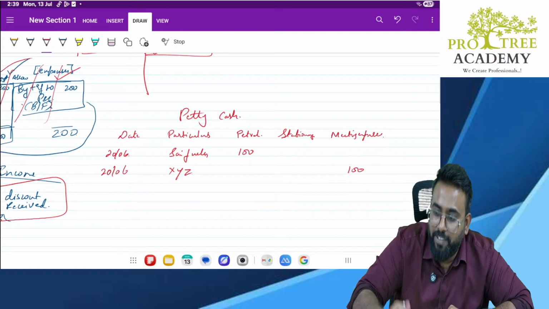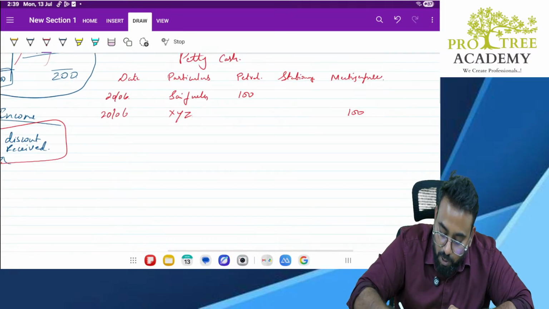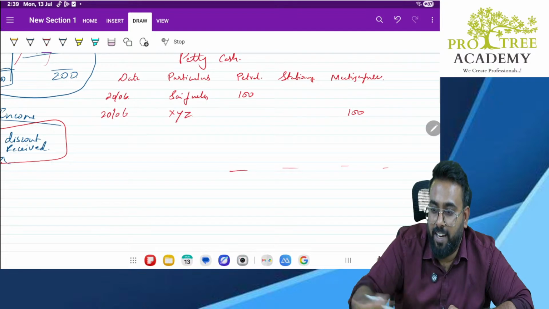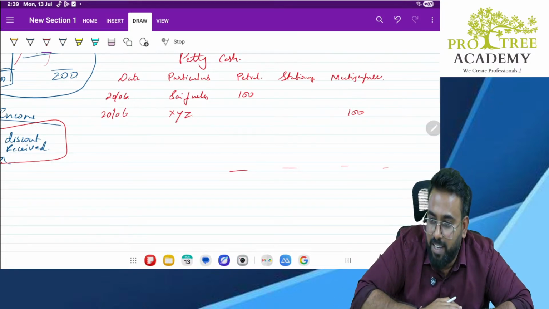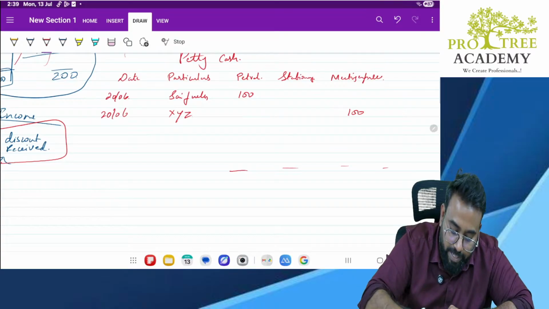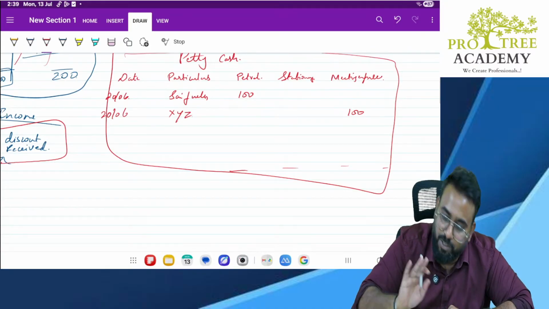Once 5,000 is met, he will immediately run to the cashier saying, boss, total 5,000 done. Now give me another 5,000. Clear? Everybody is following? So this is how your petty cash is prepared. Am I clear? Yes, any doubts in this? Simple. Junior accountant, so junior cashier, so simple only.